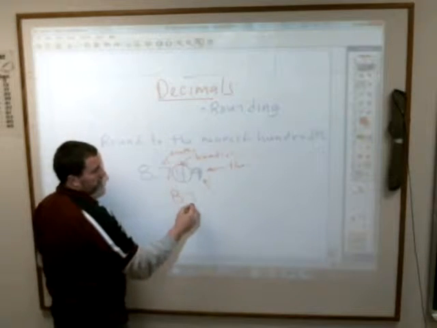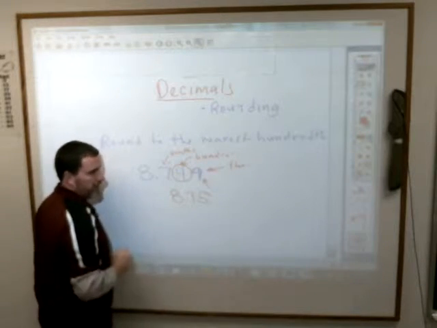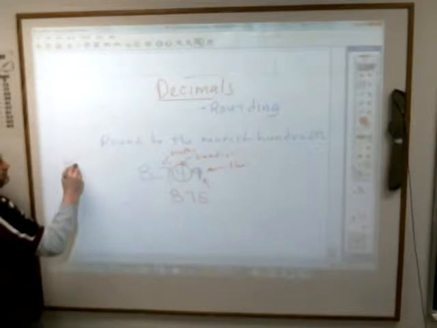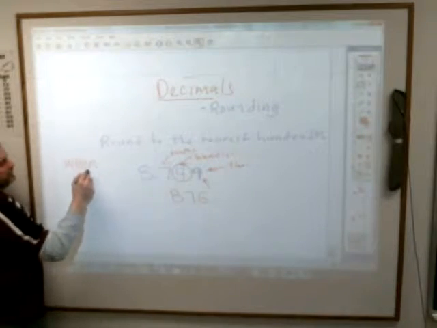Here is, children, the thing. When you round decimals, write this down. Write slowly so you get this.